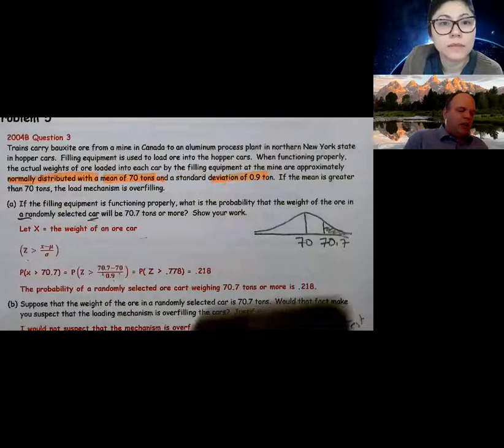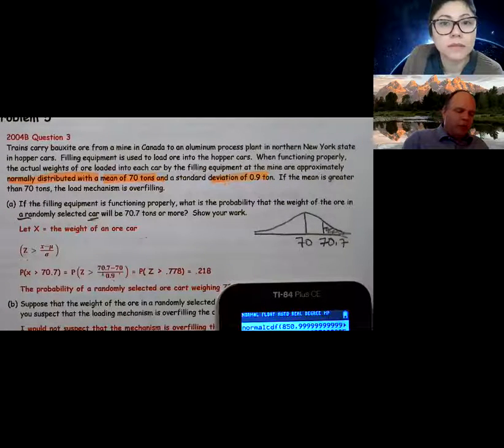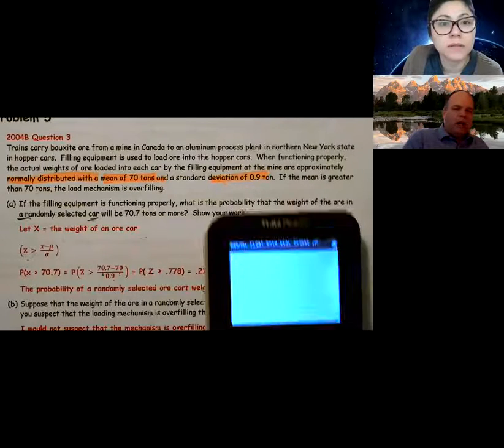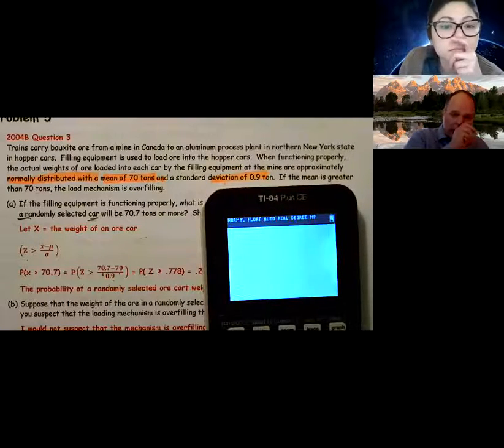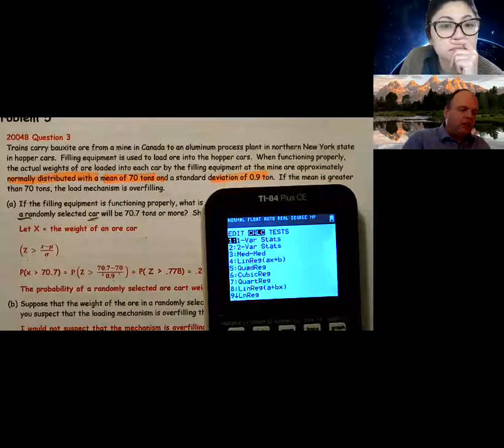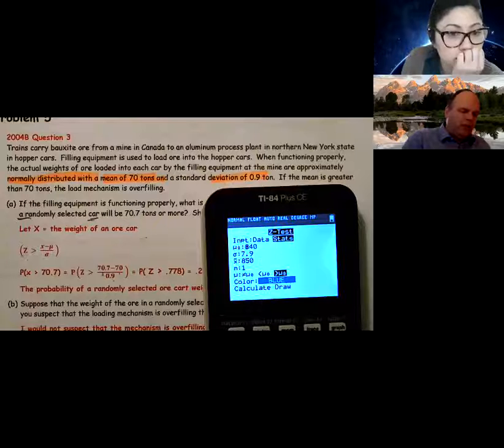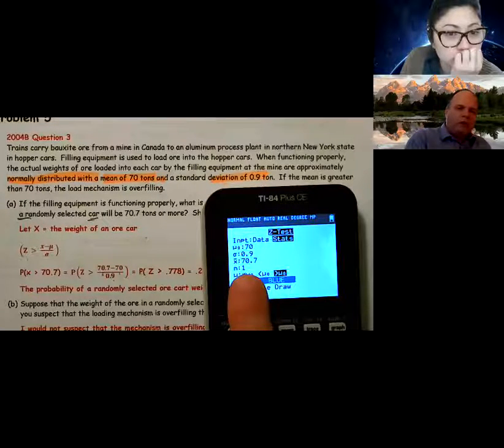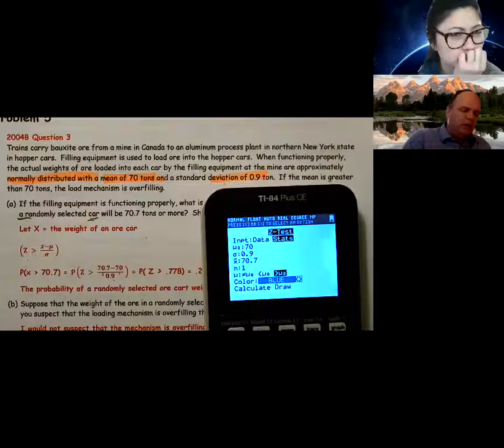I could have done this as a normal CDF, as mentioned earlier, or I can run it using stat test, Z-test, and in this case, mean is 70, standard deviation 0.9, X value of 70.7, and we have one car, so N is 1.